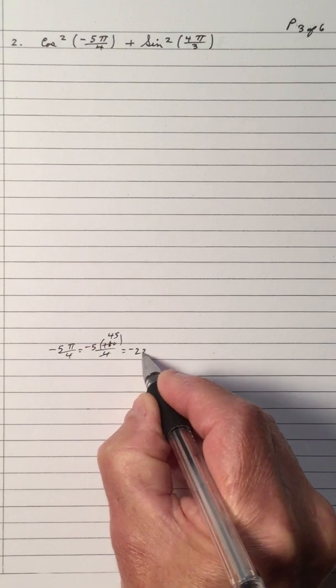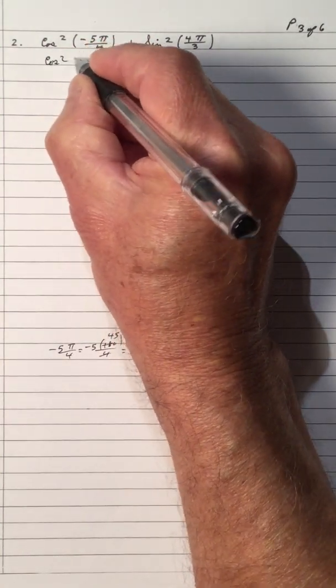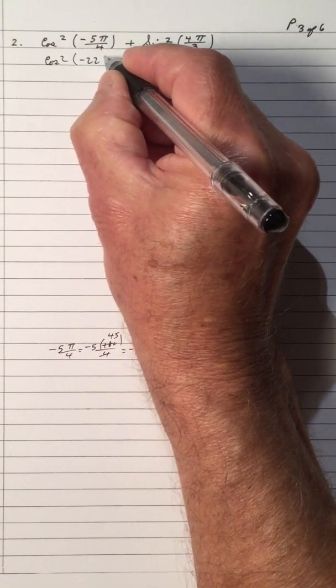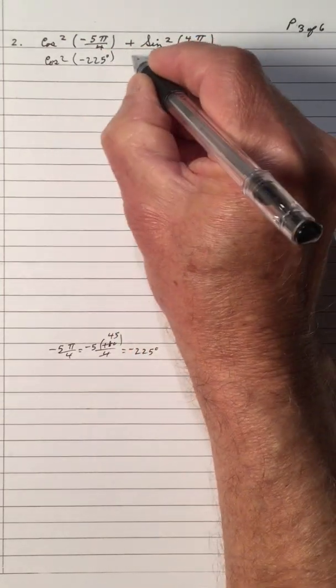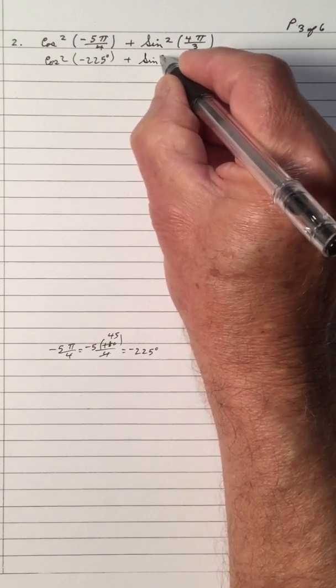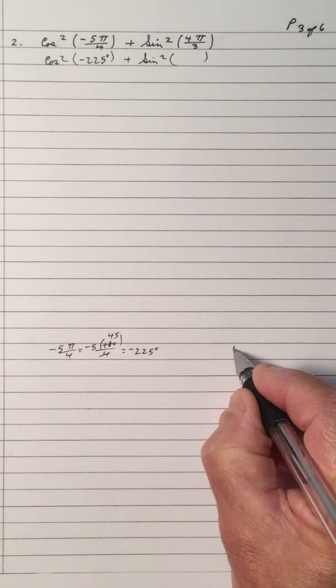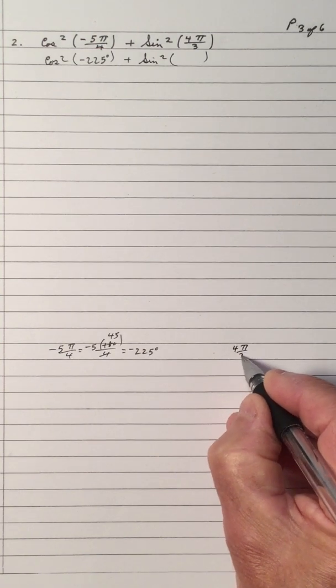So that's a negative 225. So I got the cos squared of negative 225. Again, what I do, I change radians to degrees. It's easier to handle. Now I have 4 pi over 3.